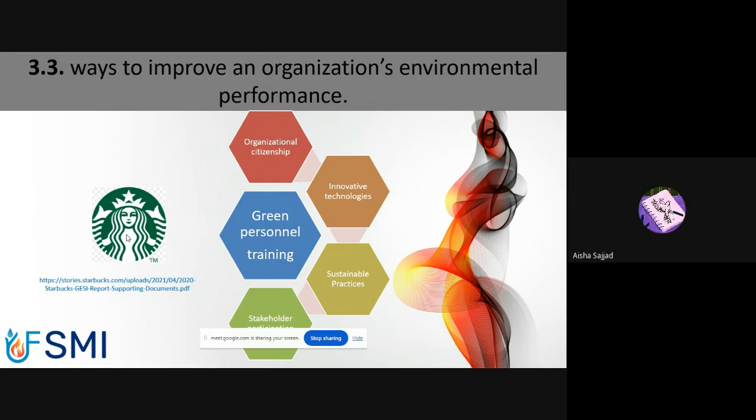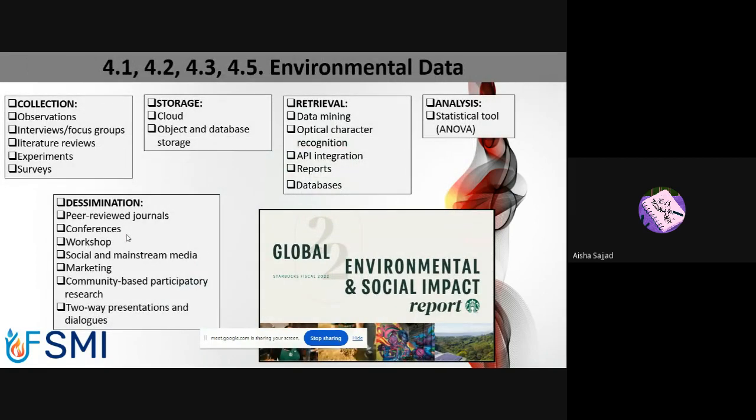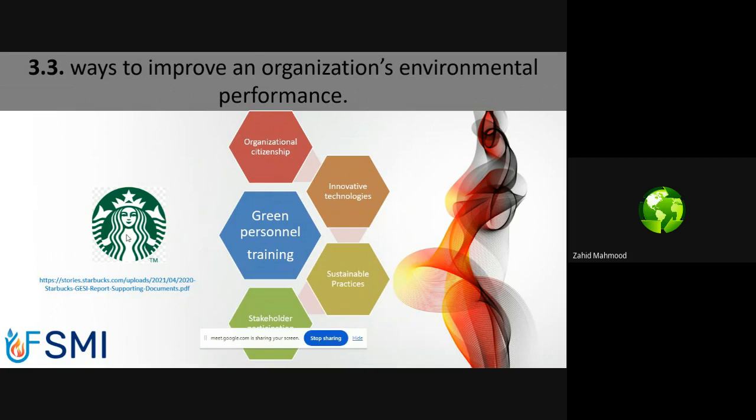Since I am not the one to take the next week's presentation, there's another trainer taking the presentation next week, so I don't think that would be convenient for me and for her as well. So let's just tolerate for another few minutes because I have compiled the 4.1, 4.2, 4.3, 4.5 in one slide, because all of those are very close to each other. Okay, go ahead, please. Go ahead.